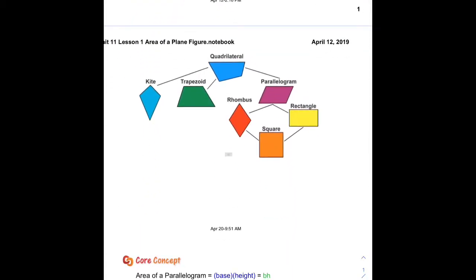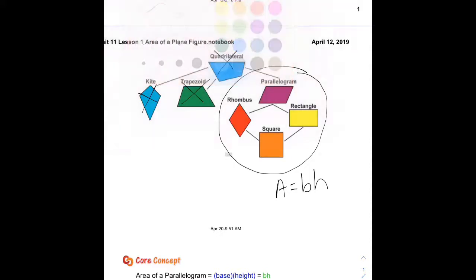Now, we talked a lot about four-sided figures in a previous unit, and here's what's nice. Everything in the parallelogram family is base times height. If it's a general quadrilateral, a trapezoid, or a kite, base times height doesn't work, but for the parallelogram family, it works. I do want to make a special note that the rhombus will have an additional specific area formula.